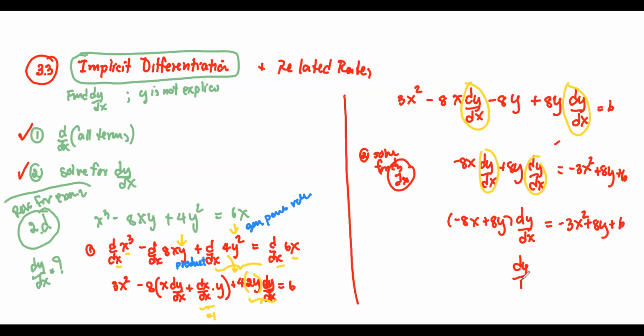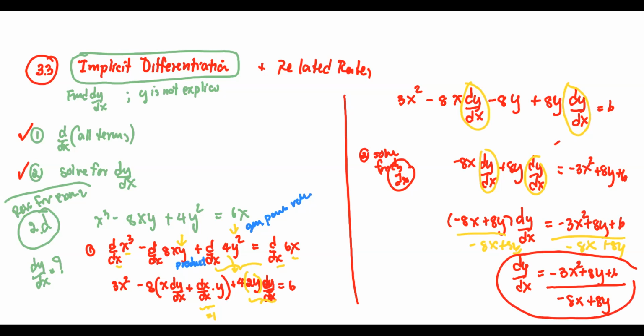One more thing to do: divide both sides by negative 8x plus 8y. And then you're going to get the expression for dy by dx in the form of negative 3x squared plus 8y plus 6, all divided by negative 8x plus 8y, as the answer for dy by dx.